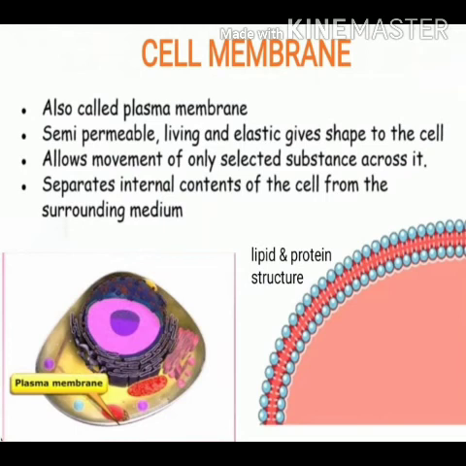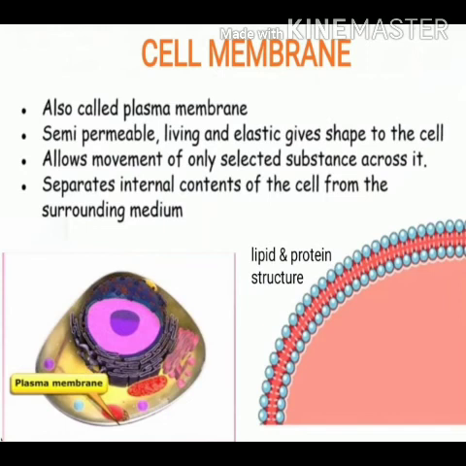Which allows the movement of selected substances into the cell and out of the cell. It means the membrane is selectively permeable. Permeable means allowed to move, so it allows only selected substances to pass through it.